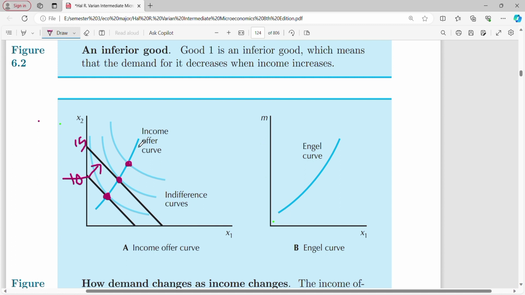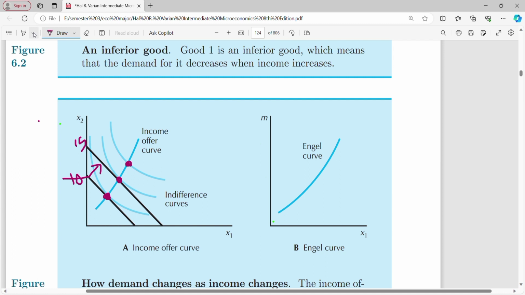And we see a curve which is connecting all these bundles demanded at different levels of income. That is the income offer curve. So the income offer curve illustrates the bundles of goods that are demanded at different levels of income. This can also be called the income expansion path.